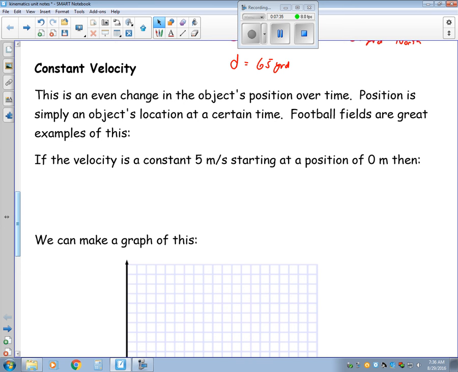So with that knowledge, that means then at 0 seconds, the object is at a position of 0 meters. At 1 second, the object has a position of 5 meters. After 2 seconds, the object has a position of 10 meters. And I'm just going to keep going until I get to 20 meters.